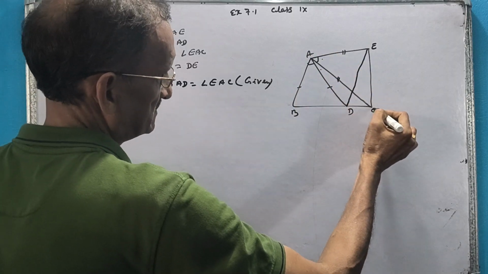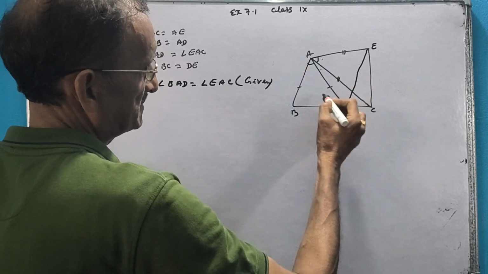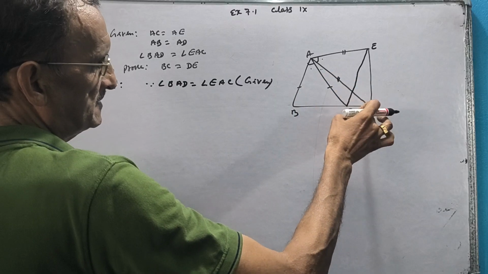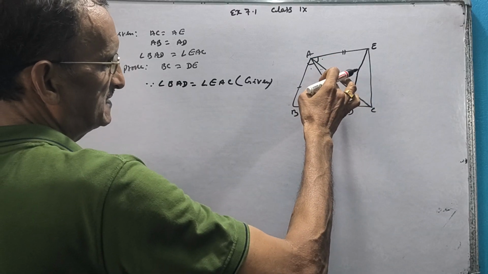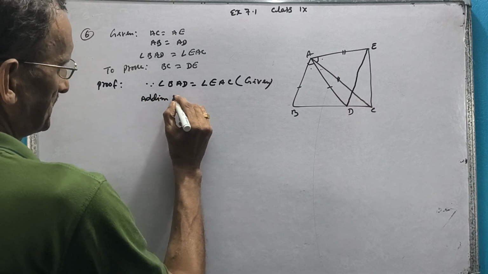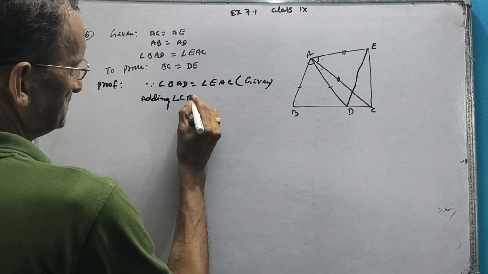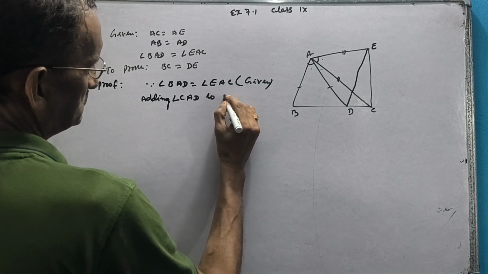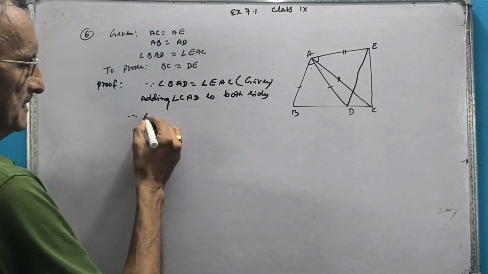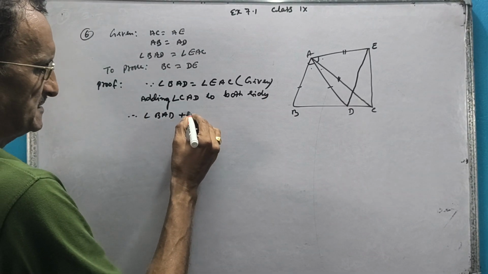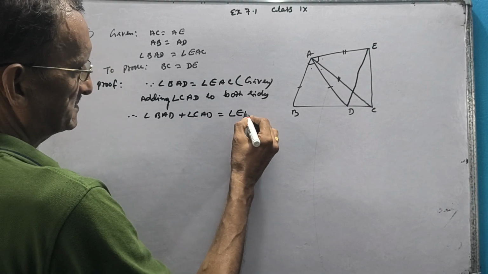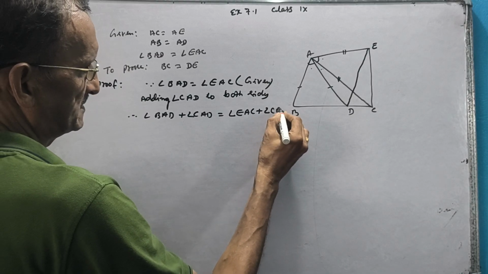The middle angle is CAD, so we need to add CAD to both sides. Adding angle CAD to both sides: angle BAD plus angle CAD, and on this side angle EAC plus angle CAD.